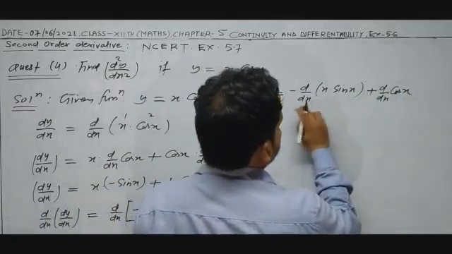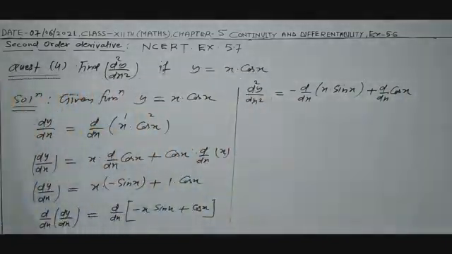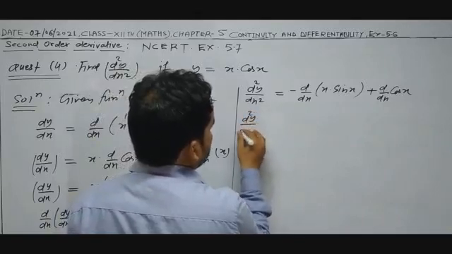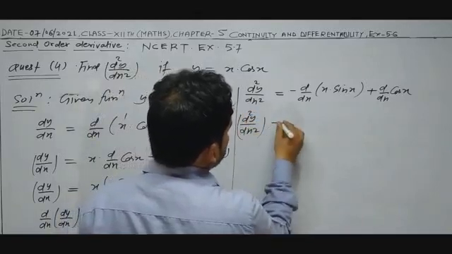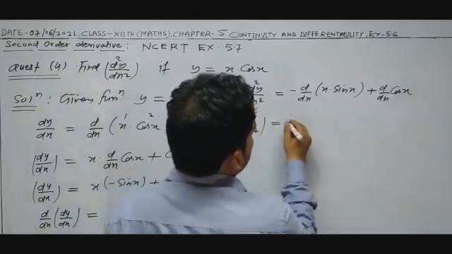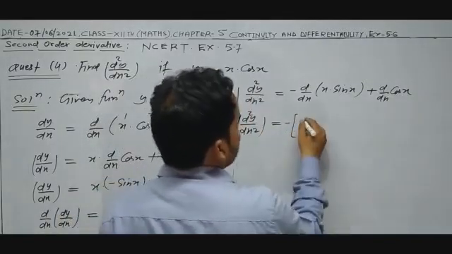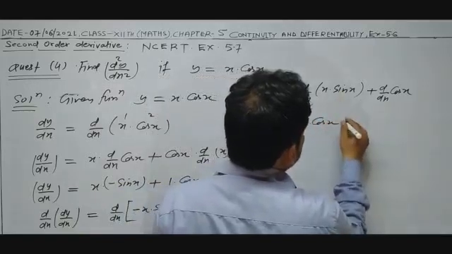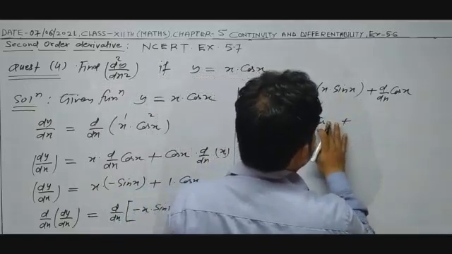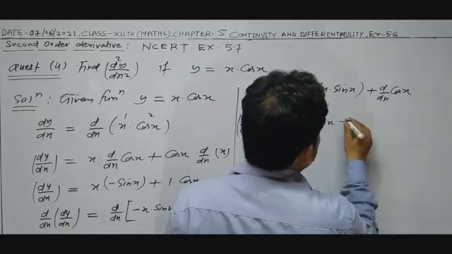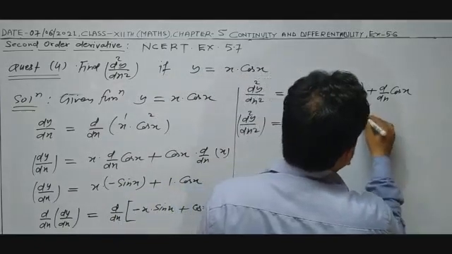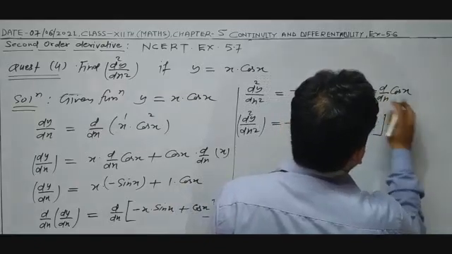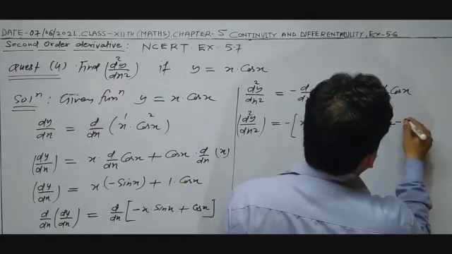You will apply the product rule in the first step. Then d2y by dx2 result will be equal to minus first function times derivative of second function, that is cos x, plus second function times derivative of first function, that is 1, and this result is minus sin x.